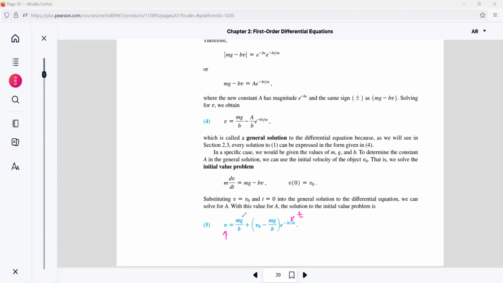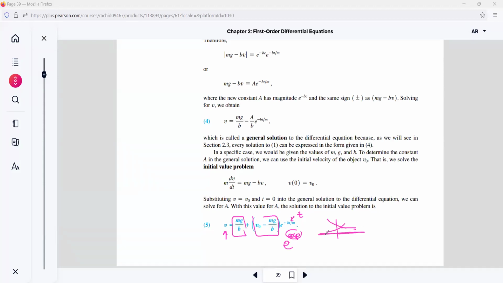So this is some value plus some coefficient times e to some exponent. You know, the function e goes up or comes down, right?